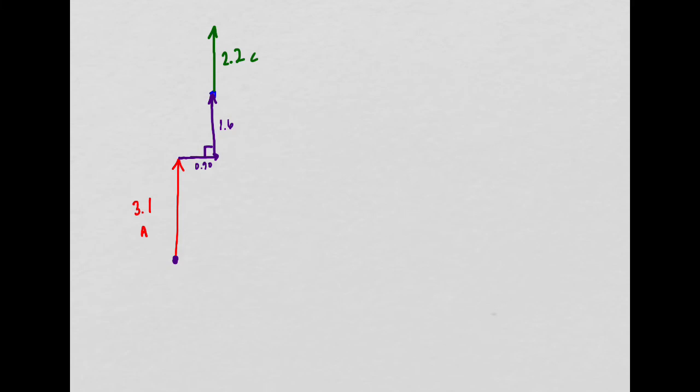So when we do that, we have this 3.1, and then this purple one, which is 1.6, then this green one, which is 2.2, and we're going to take our other purple guy, and it is 0.90, like that.